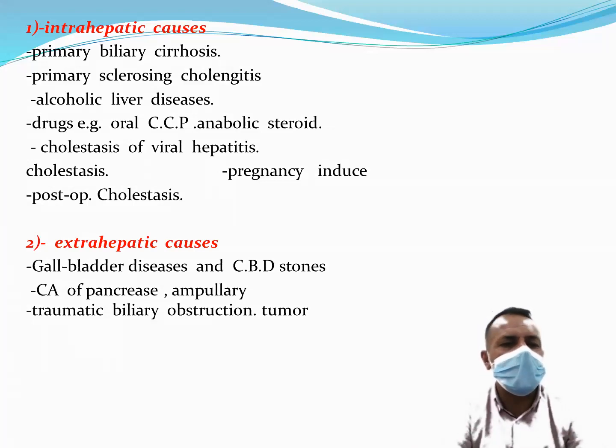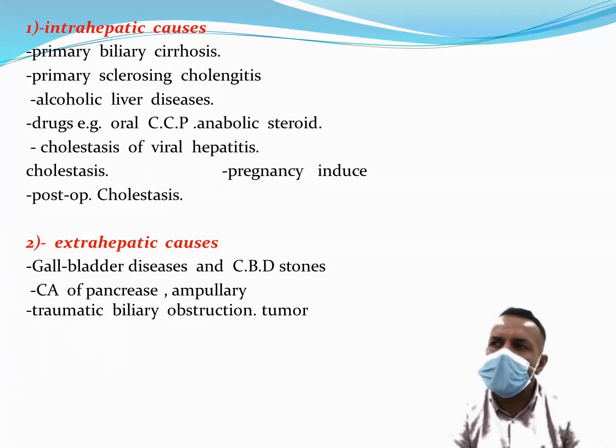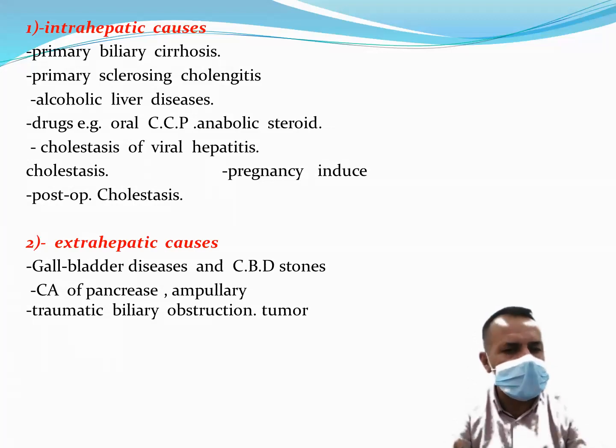Drugs that lead to obstruction, for example oral contraceptive pills and anabolic steroids. Cholestasis of viral hepatitis: any viral hepatitis, for example hepatitis A, starts as hepatocellular jaundice, but with clearance at the end stage of the disease it leads to cholestasis, called cholestasis of viral hepatitis.